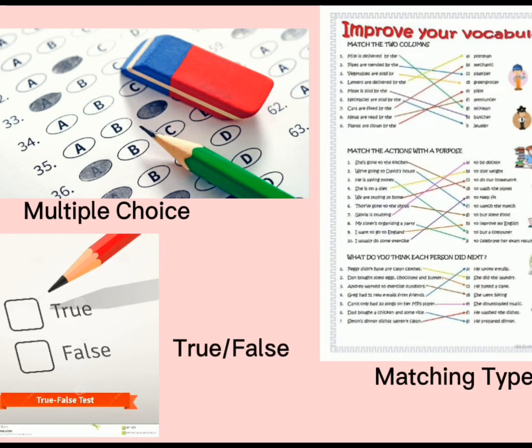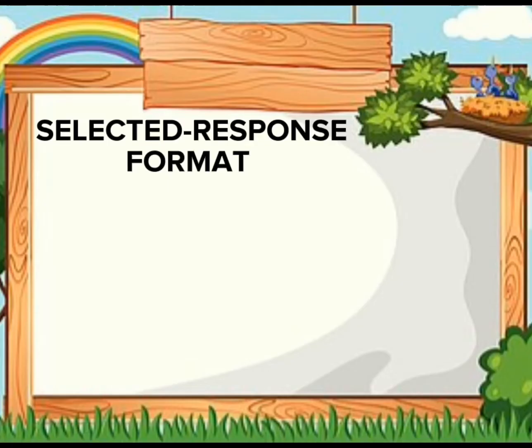Multiple choice consists of a stem, question, or statement with several answer choices or distractors, while matching type consists of a set of columns of descriptions, words, phrases, or images, while true or false is a binary choice type, but the reliability of true or false items is not generally high because of the possibility of guessing.